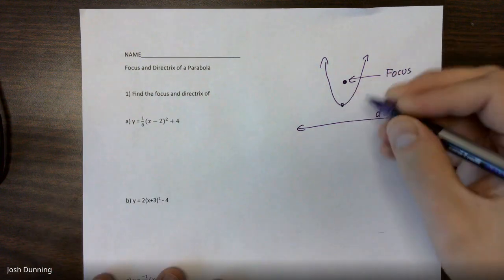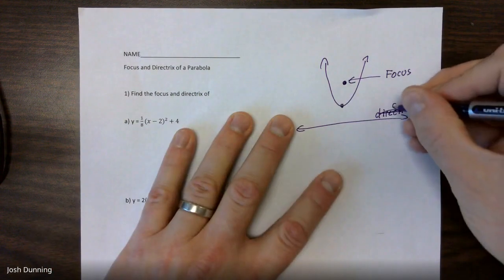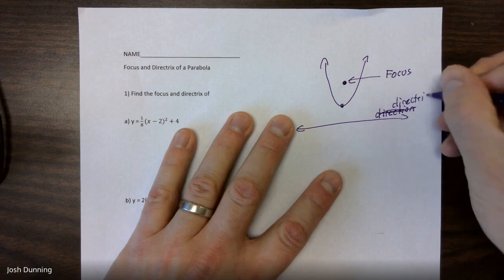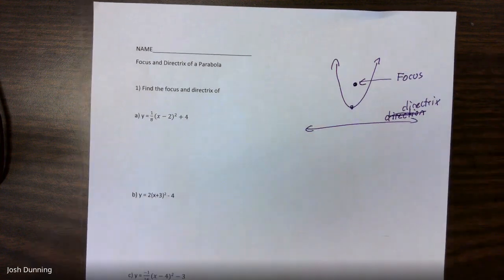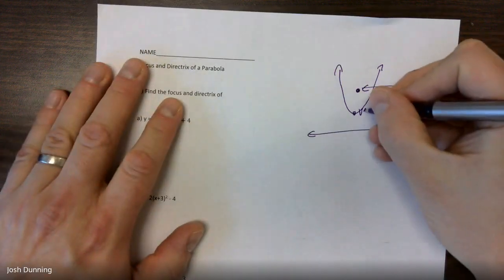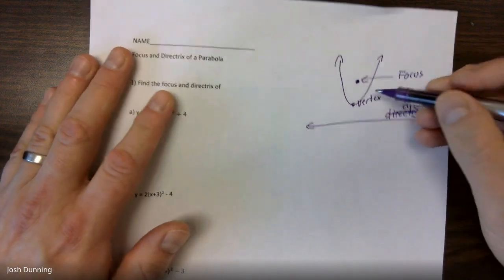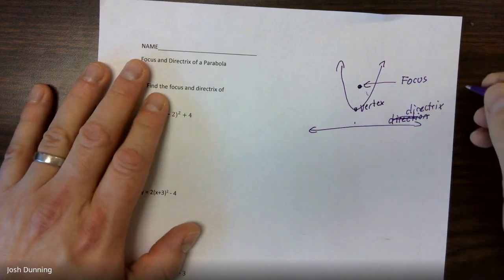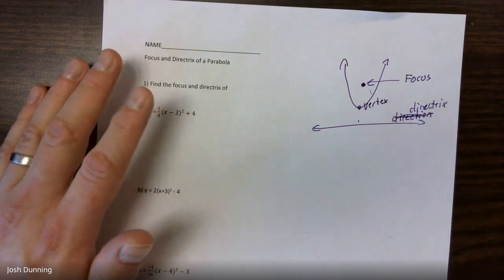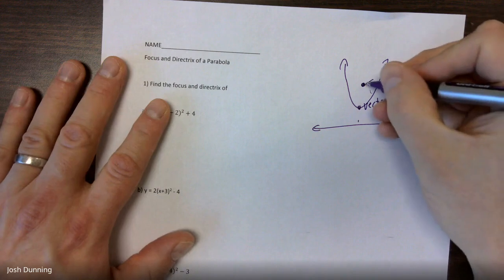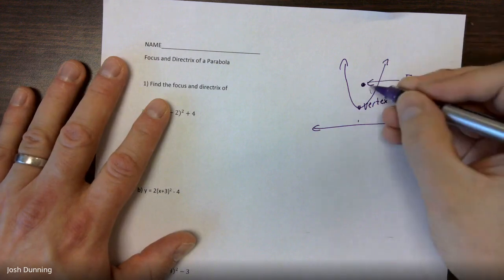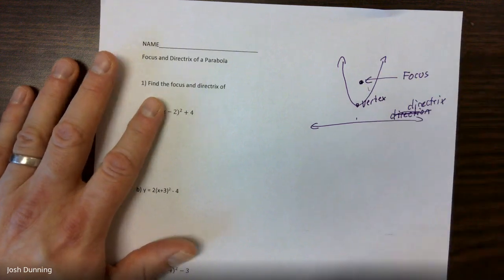The focus and the directrix, the vertex is directly halfway in between. Every point on your parabola is the same distance from the focus as it is to the directrix.